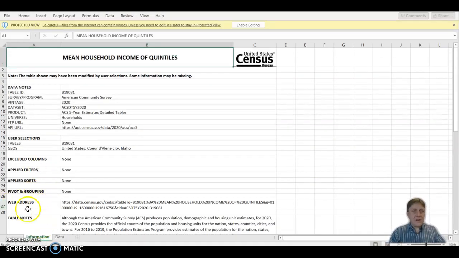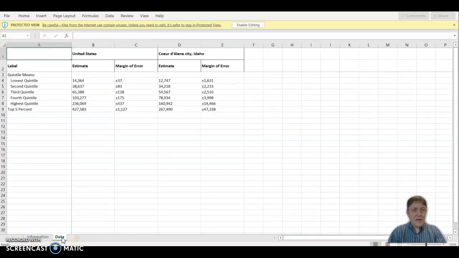And we'll see again, there are two tabs at the bottom, Information and Data. So if we take a look at the data here, what's interesting to me is that the mean, the average of the income earned in each quintile, is also really different between the United States and Coeur d'Alene.